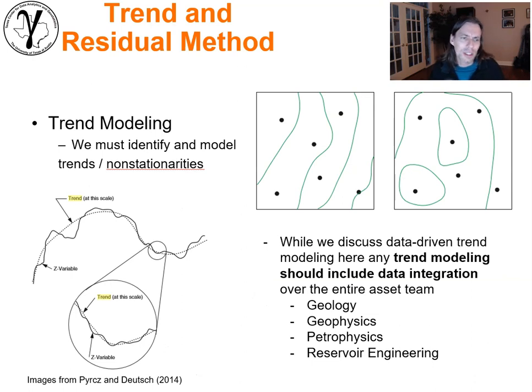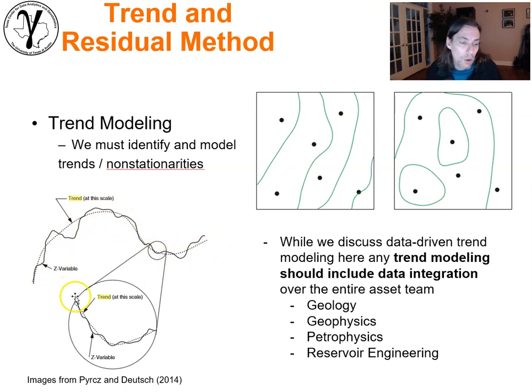Well, now what's interesting is with trend modeling, we must identify and model the trends. What's very interesting is that the determination of what is trend or not will depend on the scale that you're looking, the scale of the data, and the scale that's required for building the model. And so in this case right here, maybe this looks like a trend. This was from the book with Deutsch.